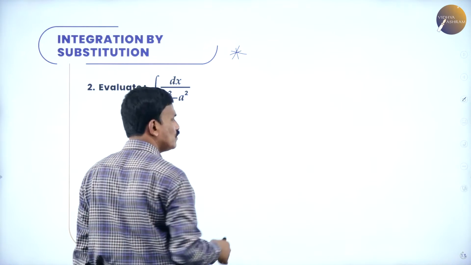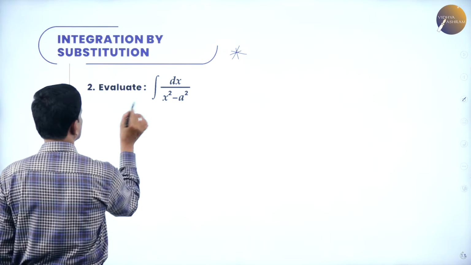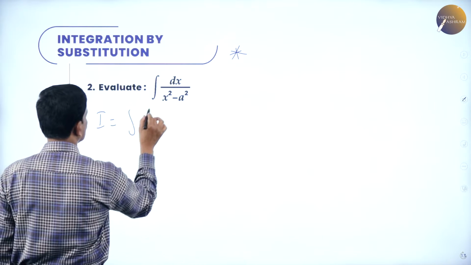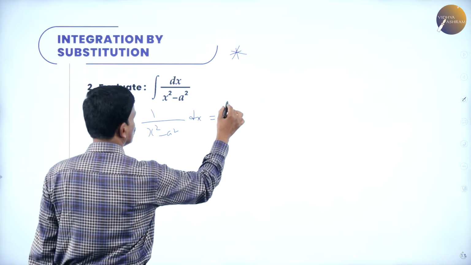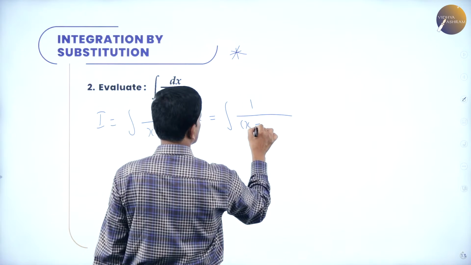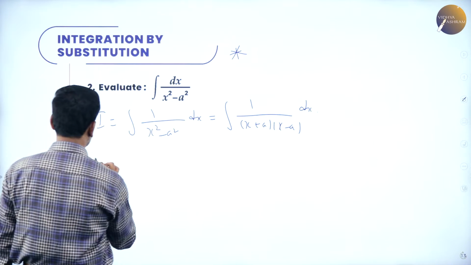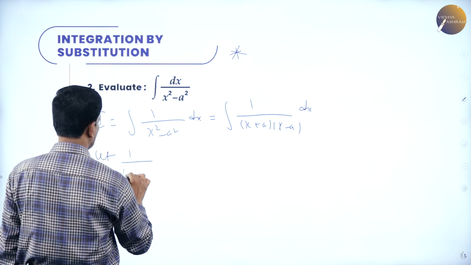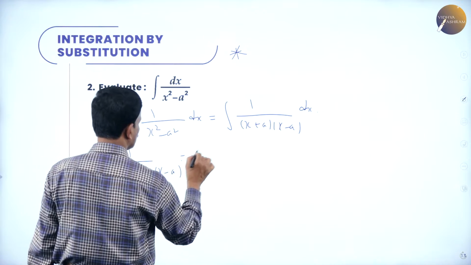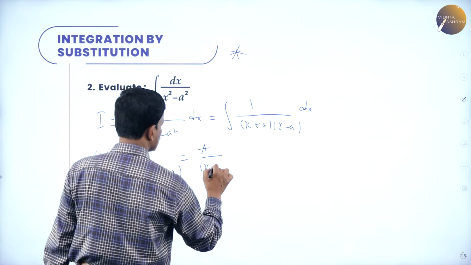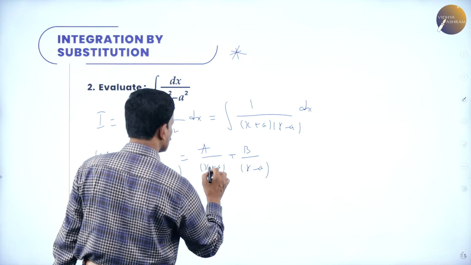Now this can be evaluated using the method of partial fraction. Let us write the given integral I is equal to 1 over x square minus a square dx, which can be written as 1 over x plus a into x minus a. Simplify this, factorize this. Now let us write 1 over x plus a into x minus a as A by x plus a plus B by x minus a.